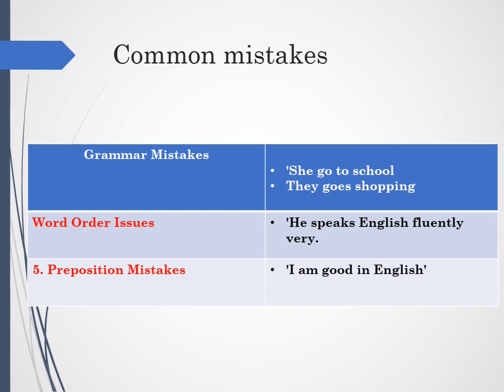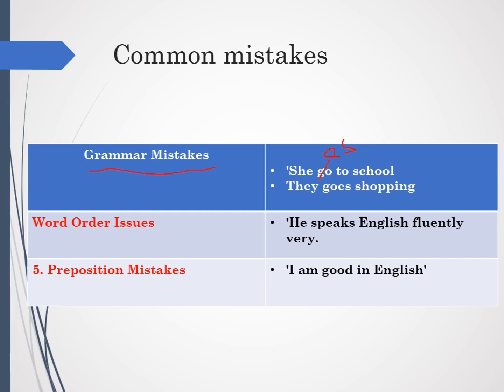Common mistakes. Common mistakes are the mistakes that students usually make. Grammar mistakes. She go to school. Here we have to add es to the verb. Not go, it's goes, because the last letter is o, and we had the rule before.